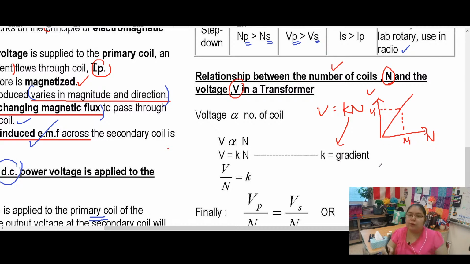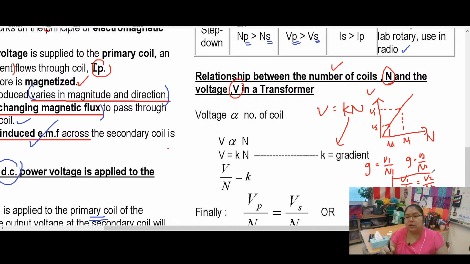So how do you find the gradient? The gradient is V1 over N1. The second point has V2 and N2, so the gradient is V2 over N2. Both gradients should be the same. So from here, I can create the formula: V1 over N1 equals V2 over N2.